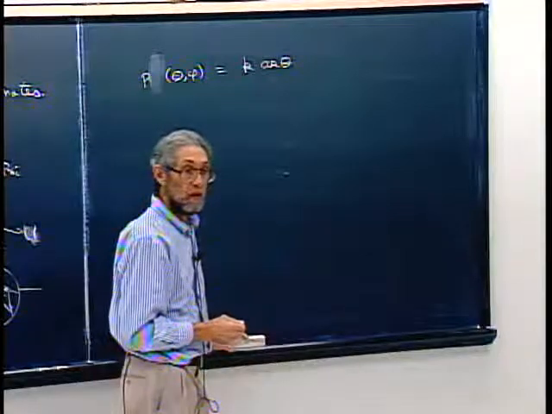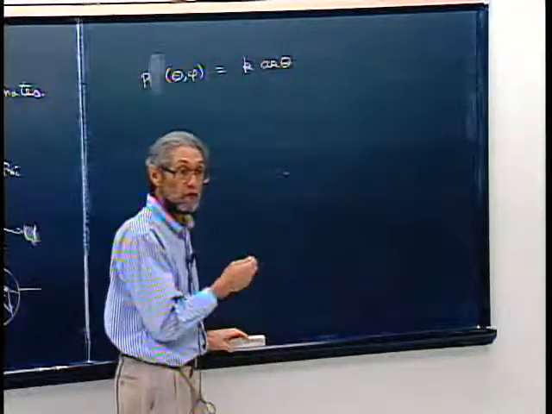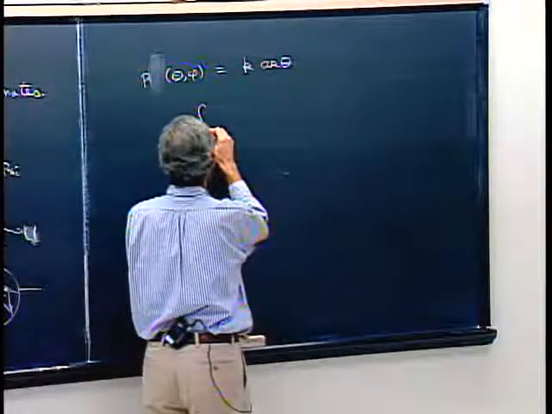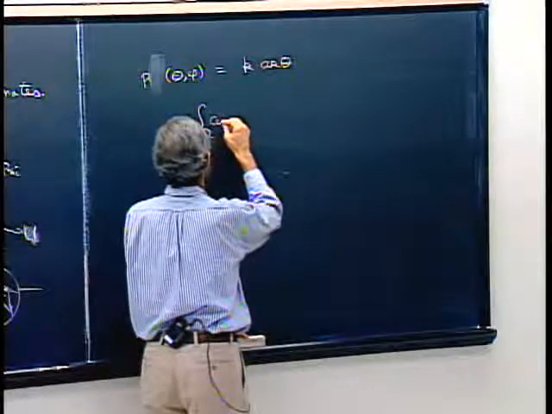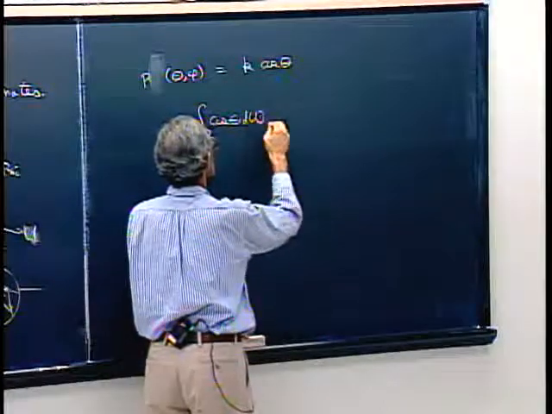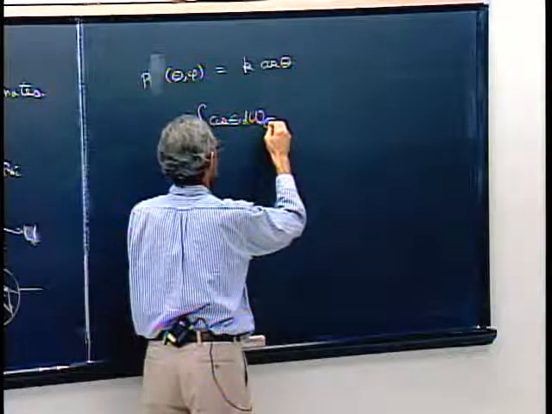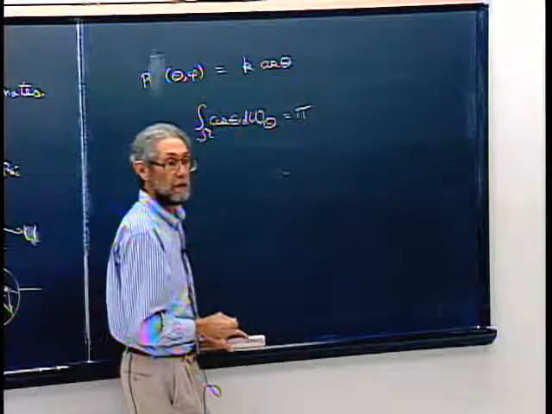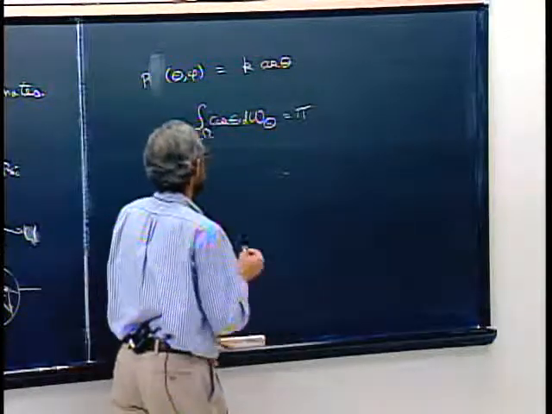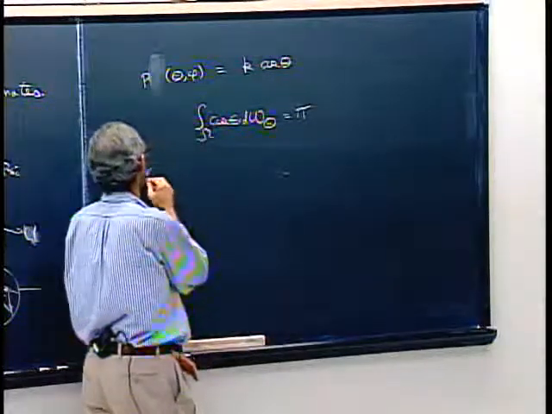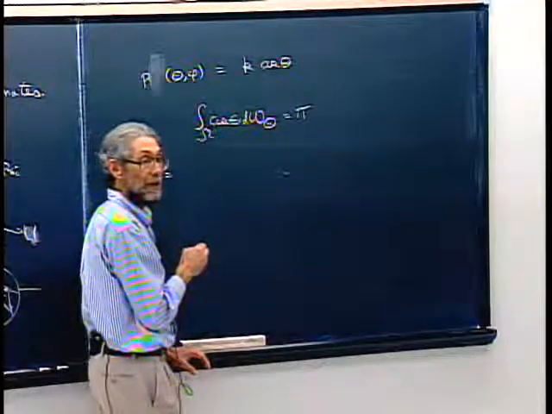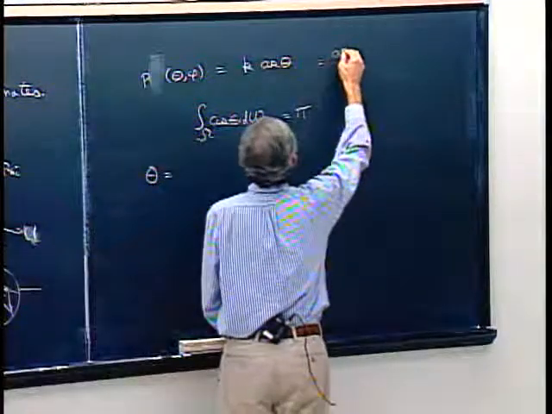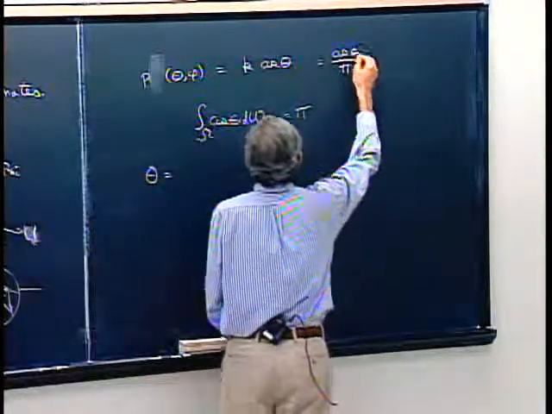Now I did the integral of cosine theta over the whole hemisphere, d omega of direction on the sphere, and I discovered that it was pi. So basically cosine theta over pi is the PDF.